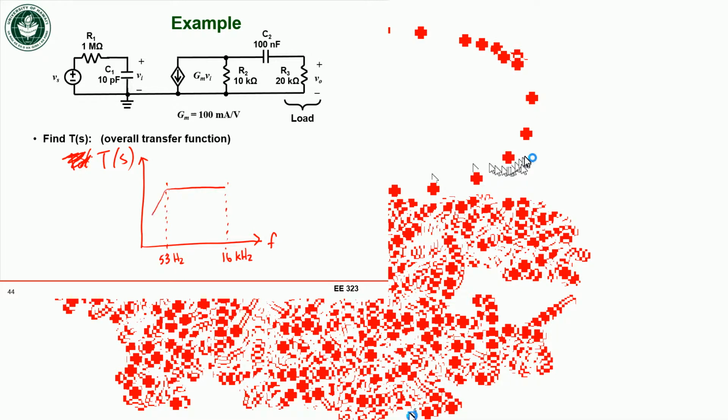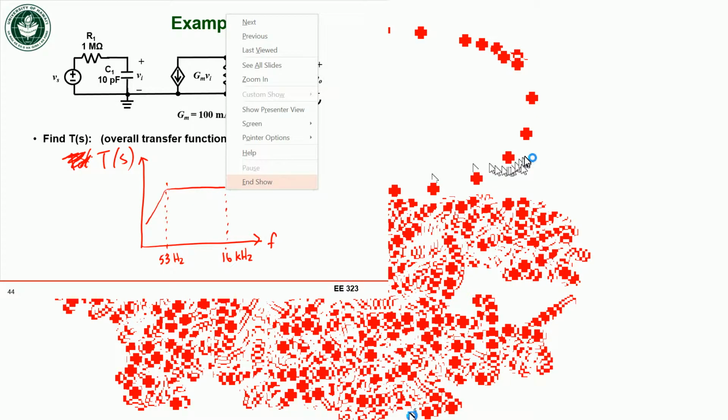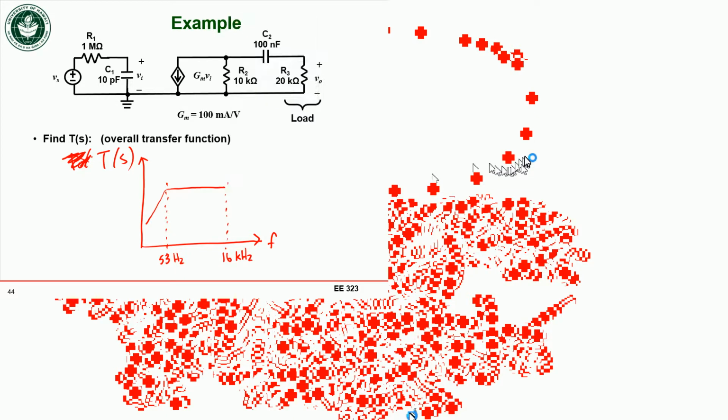At frequencies lower than 53 Hertz, my gain is going to decrease because of the output transfer function. And at frequencies greater than 16 kilohertz, my gain is going to decrease because of my input transfer function.